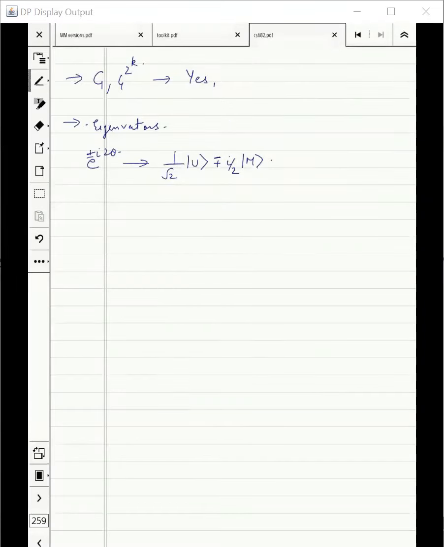Correct. If you think about it, you have a vector which is in the plane of these two eigenvectors. These two eigenvectors are in the same plane as u and m, and they are obviously orthogonal. That means any vector in the plane of u and m can be created using these. And we know a vector which is in the plane of u and m.